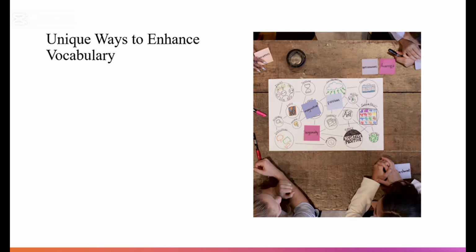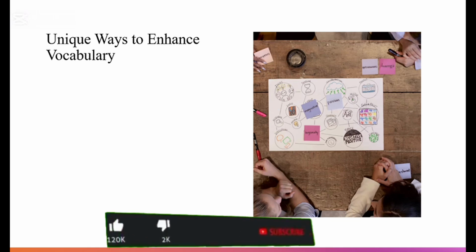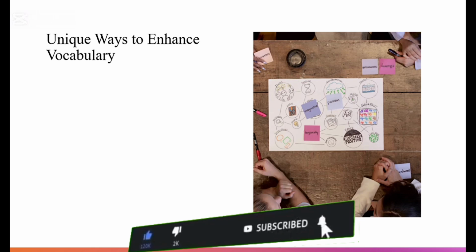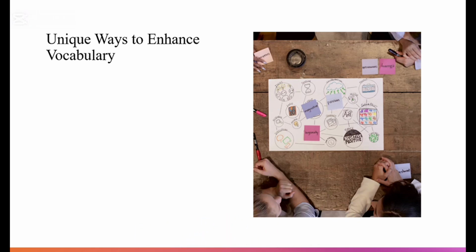There could be tons of ways, but what I found useful for myself are the five important ways that we need to learn if we want to enhance our vocabulary, and ultimately this is going to help you improve your band score, especially in IELTS writing and IELTS speaking.